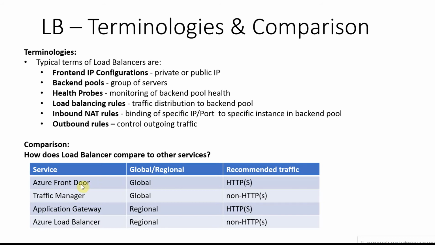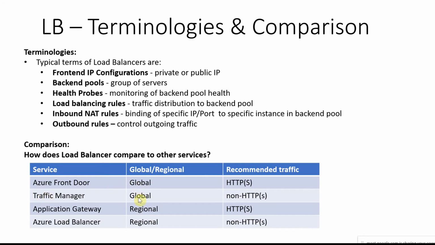Front door is like Route 53, where it is global. It supports HTTP or HTTPS web traffic. So we have 4 products, and for people who work with AWS, there these 4 products were merged into 2.